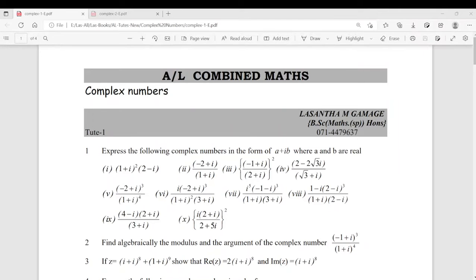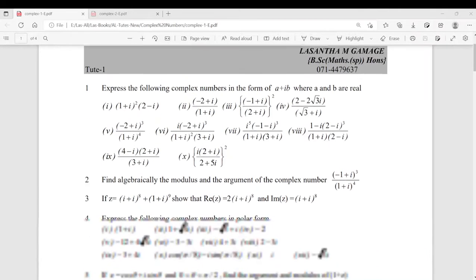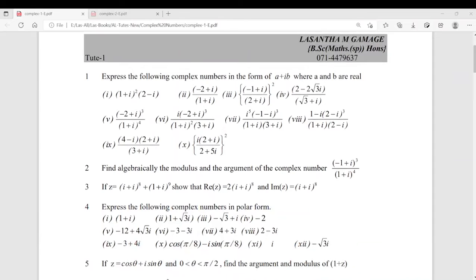If you come to the second one, check whether you can manage that sum. Find algebraically the modulus and the argument of the complex number minus 1 plus i all to the power of 3 over 1 plus i to the power of 4. Can you do that one?